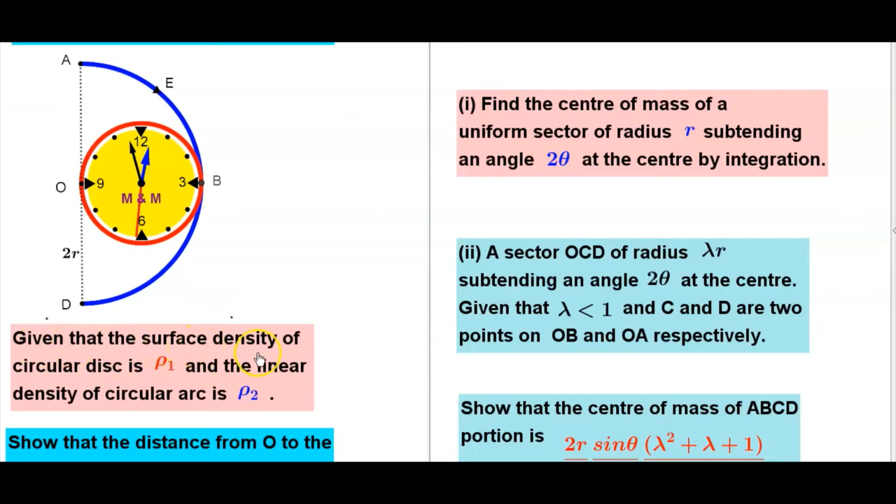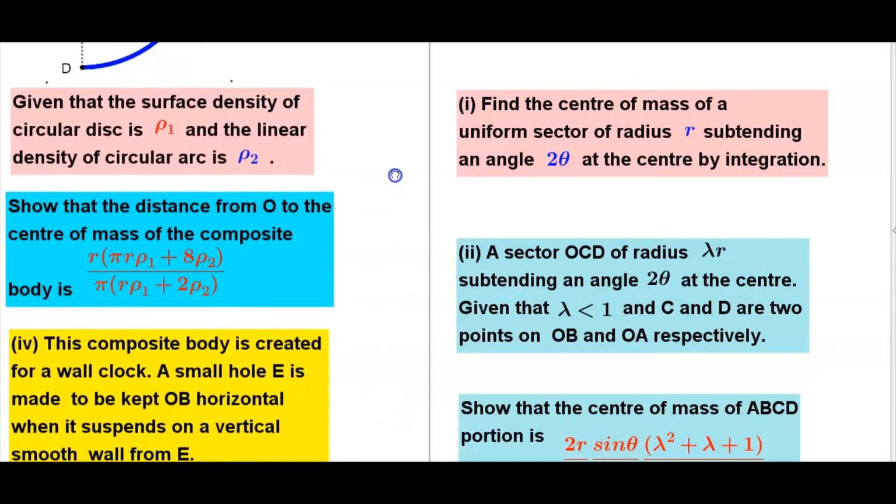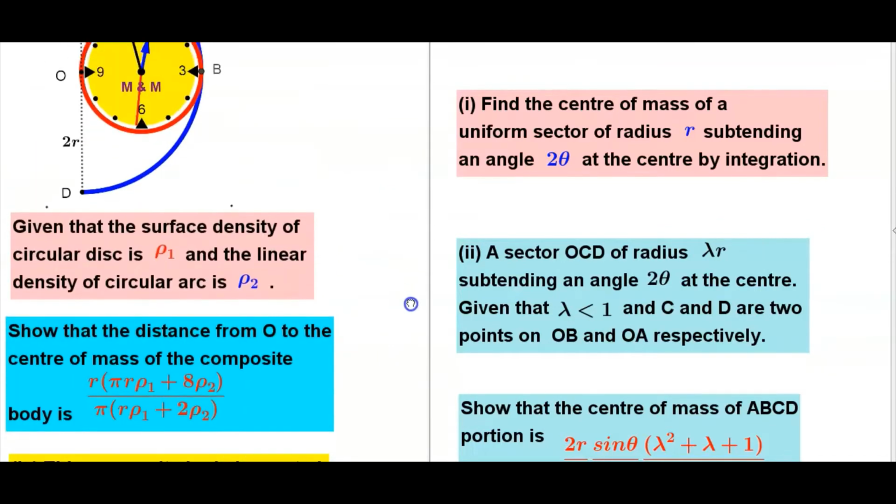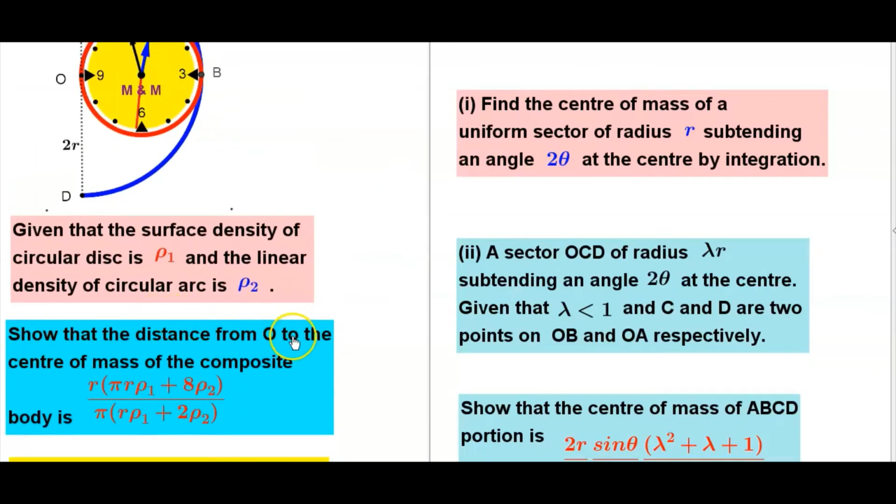Given that the surface density of the circular disc is ρ1 and the linear density of the circular arc is ρ2, show that the distance from O to the center of mass of the composite body is r into (π r ρ1 plus 8 ρ2) over (π r ρ1 plus 2 ρ2).